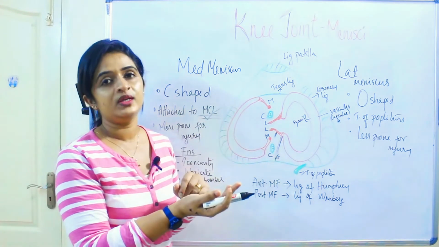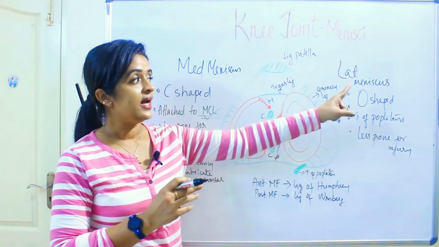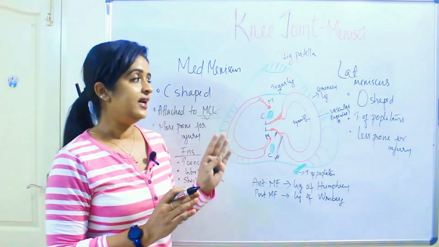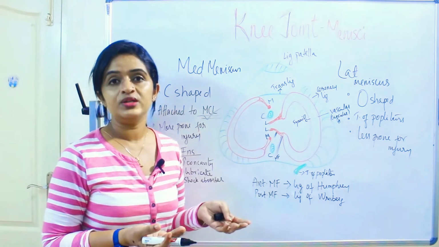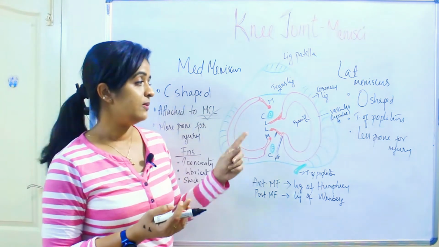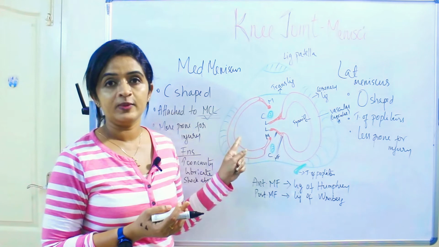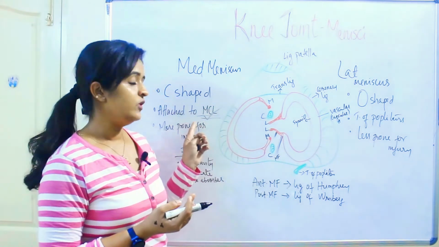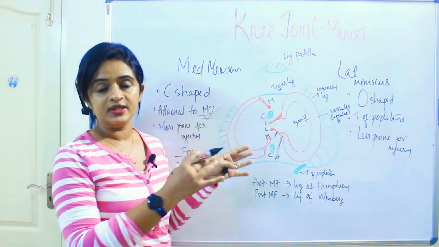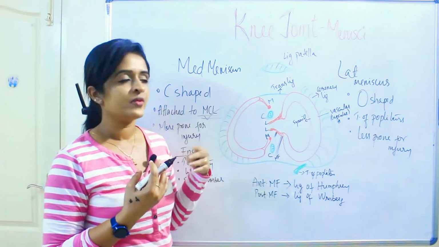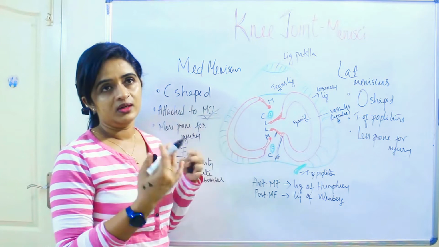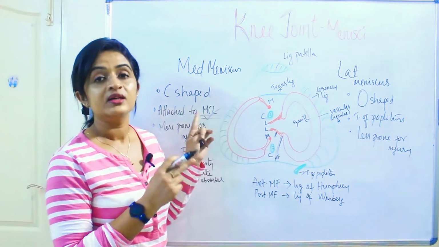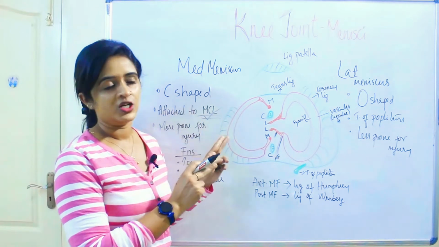The difference between medial and lateral meniscus is that lateral meniscus is not attached to the lateral collateral ligament, and that is said to be one of the reasons why you get medial meniscal tear more commonly. Why? Because if you have a medial collateral ligament tear, obviously since it is attached to the medial meniscus, it will also be torn. So it goes hand in hand, medial meniscal tear and medial collateral ligament tear. The reason is both of them are attached.